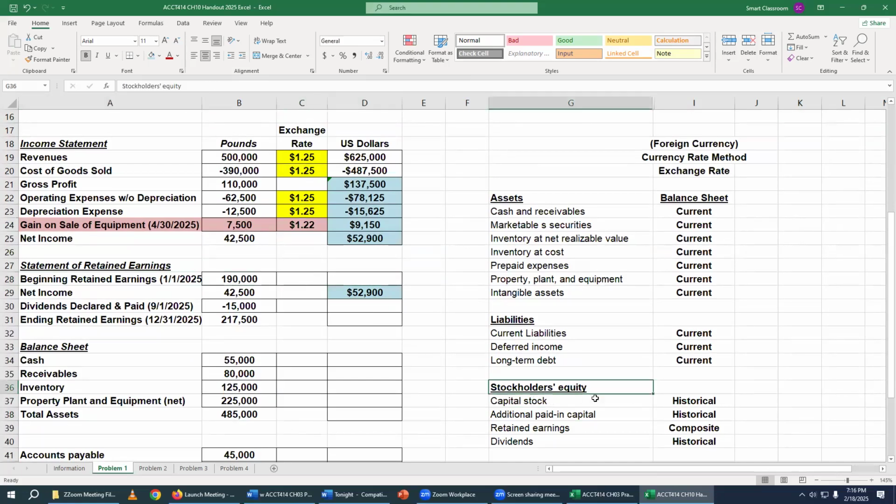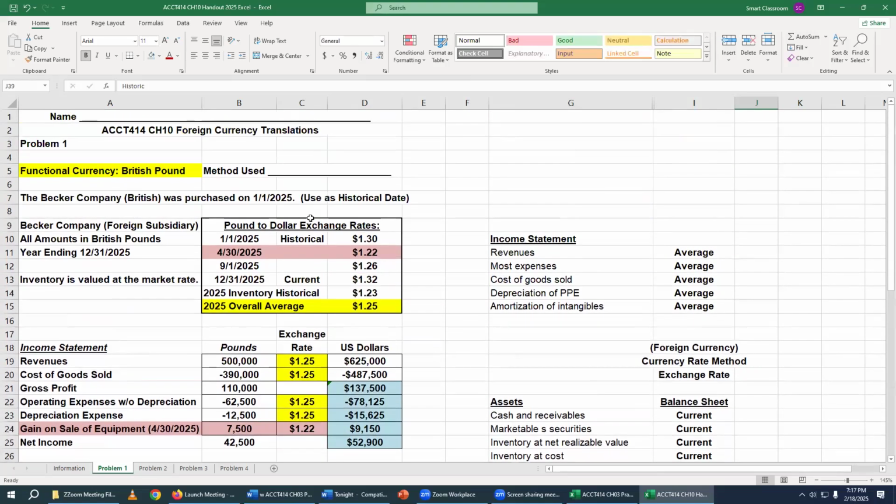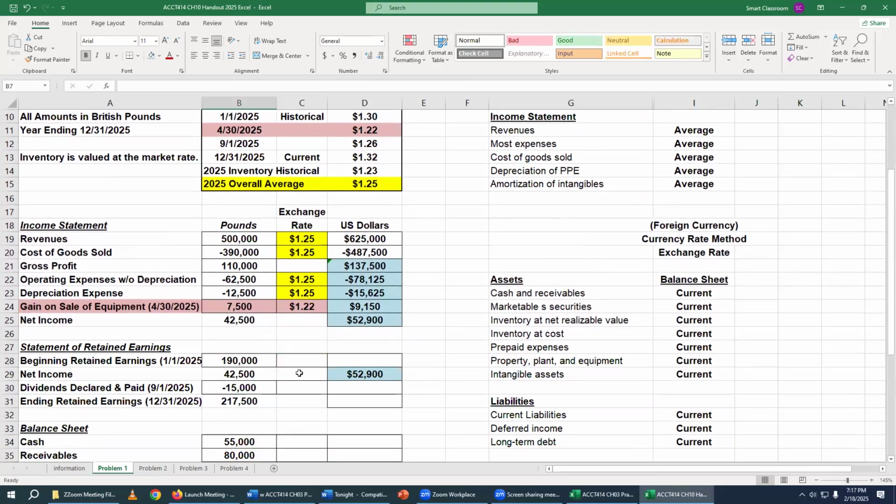Coming down here, stockholders' equity. They say retained earnings is going to be a composite. Initially, it'll be a historic. In the end, it'll be a composite. I'll show you what I mean by that. They started this operation on 1/1/2025, so they'll use whatever the historic rate was for the beginning inventory for that.